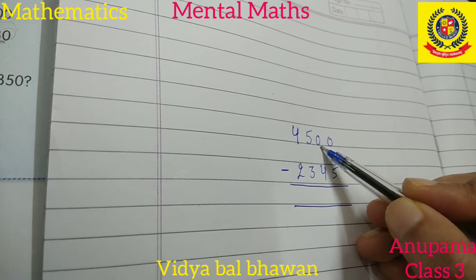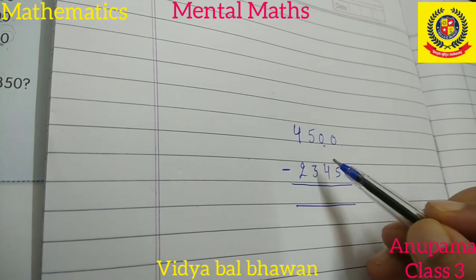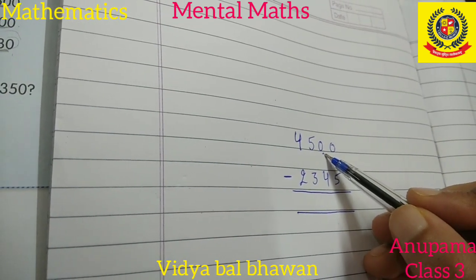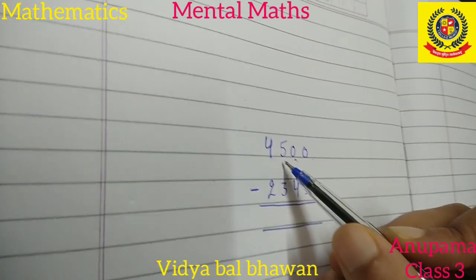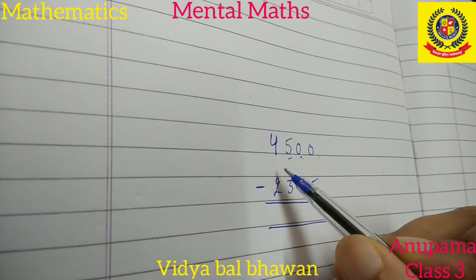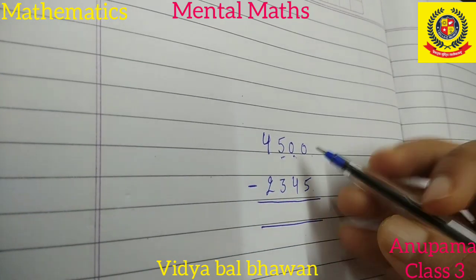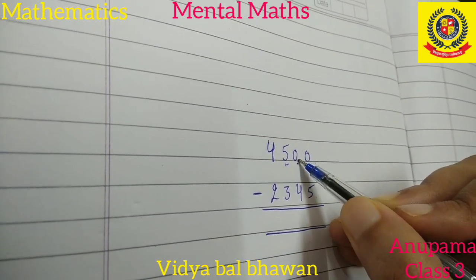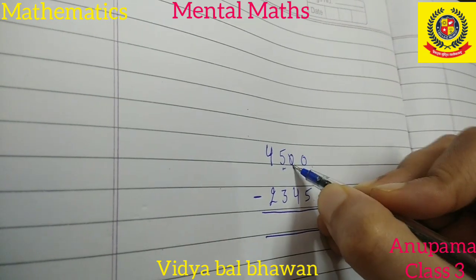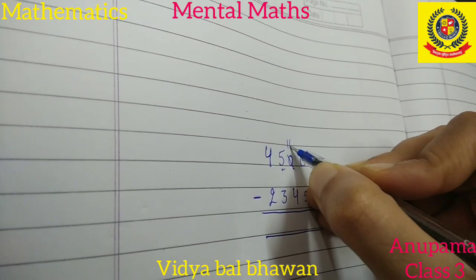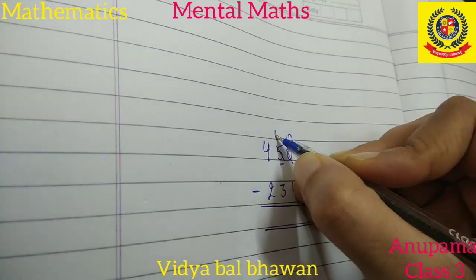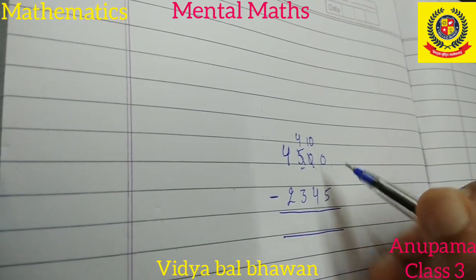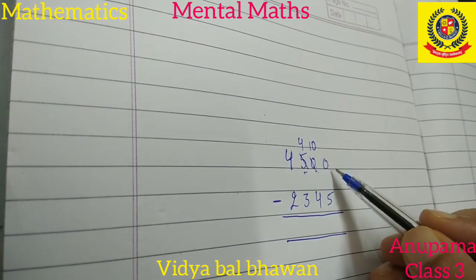We will take borrow from this number. Here is also 0. So we can't borrow from here. So we will move here and we borrow from 5. Then 5 gives 1 to 0. So 0 becomes 10 and 5 will become 4. Okay. Now 10 gives 1 to this 0.